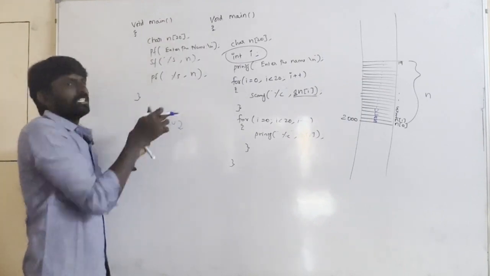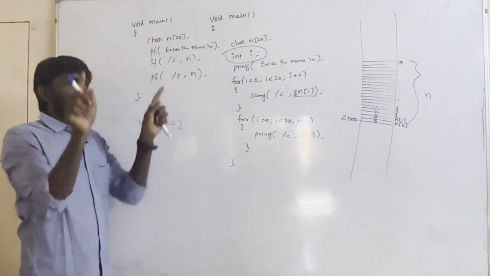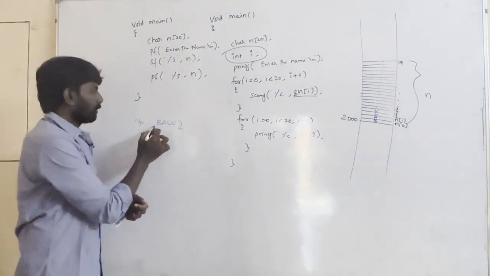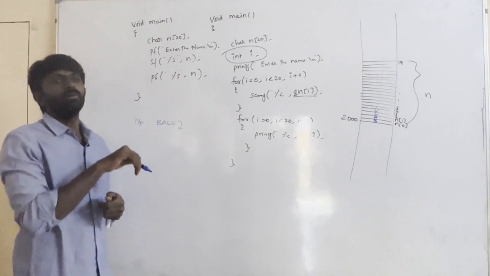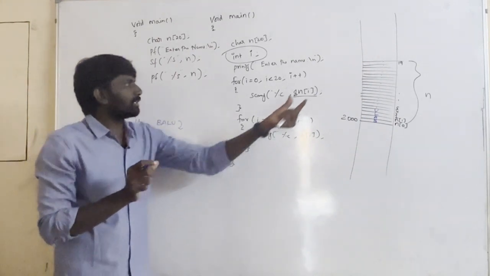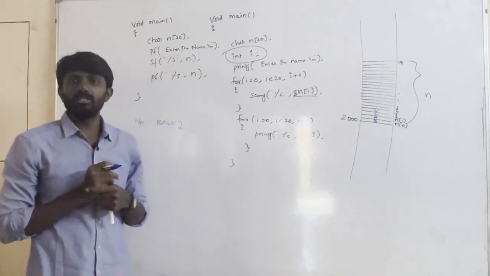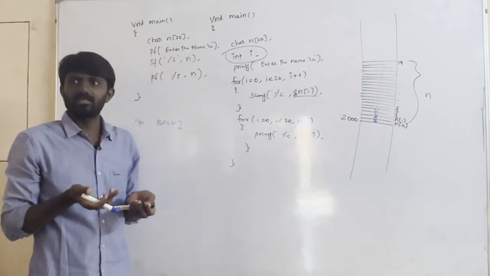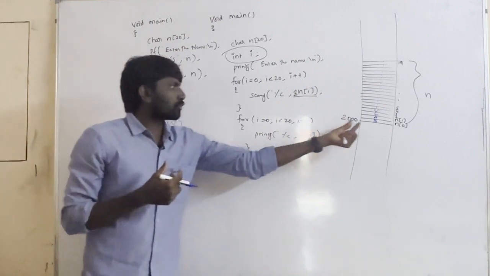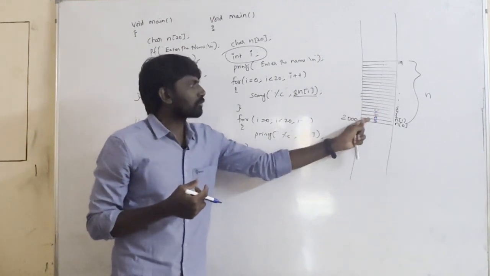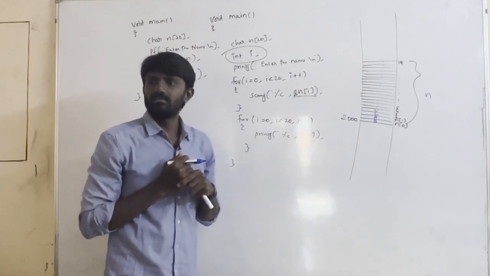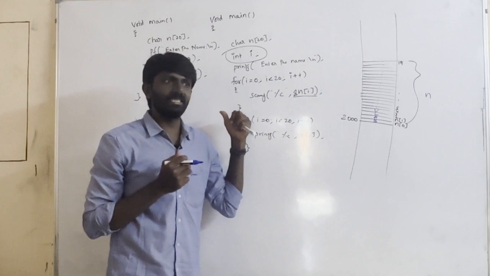Whenever you are using %s, your OS, correct, right? See, if you run this program in the terminal, you will get a message like enter the name. After that, you give BALU enter, and how that BALU gets stored in the respective RAM memory location, your OS is doing all these things. So when the OS takes these characters and stores them in this place, it will also add one extra character for %s.